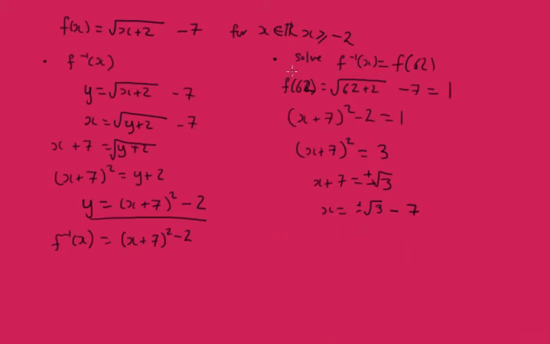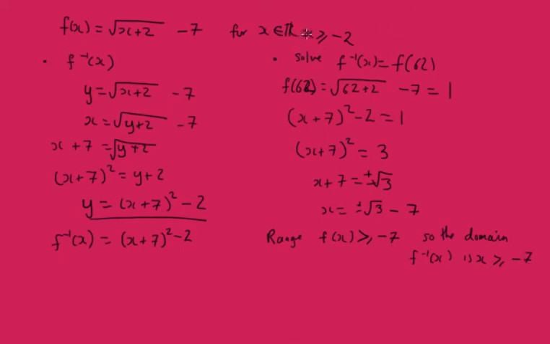Now, let's consider the range. The range is when f of x must be greater than or equal to minus 7. So the domain of the inverse is x greater than or equal to minus 7. Now, where did that come from?